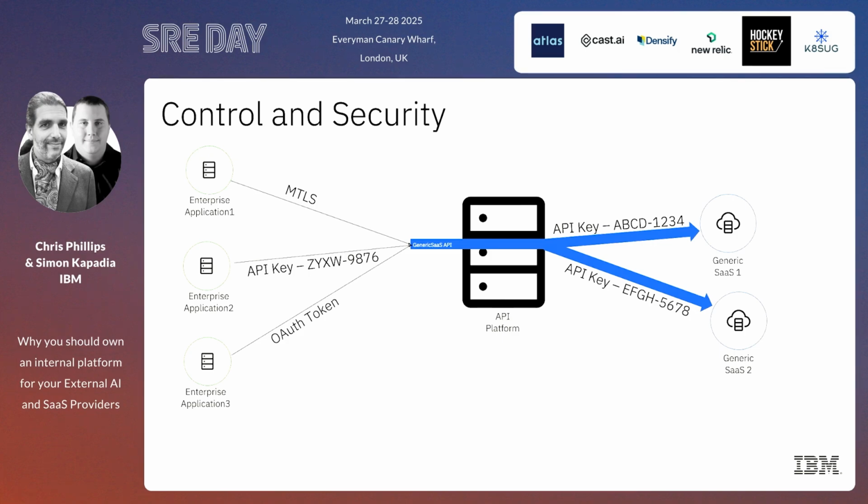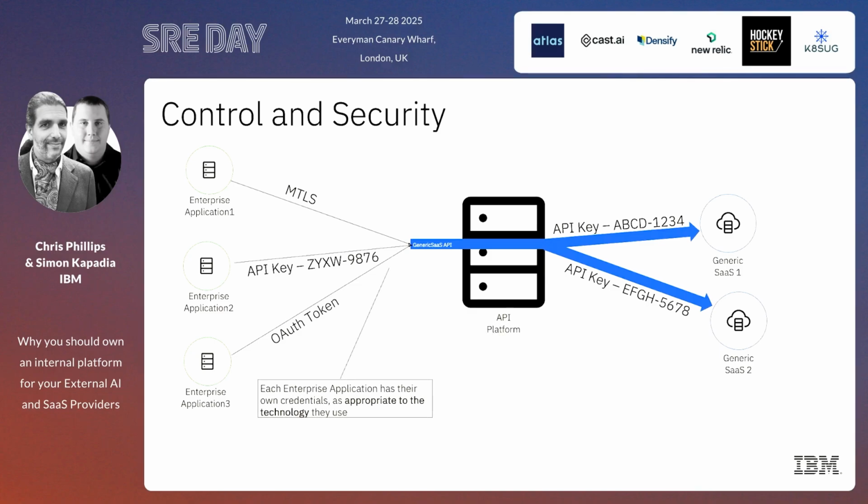What we do is build a relationship where the API platform controls the inbound connections, representing these external services. So Enterprise Application 1 uses its credentials to authenticate to the API platform. And the API platform then knows how to pass those requests on to the appropriate service at the back end.